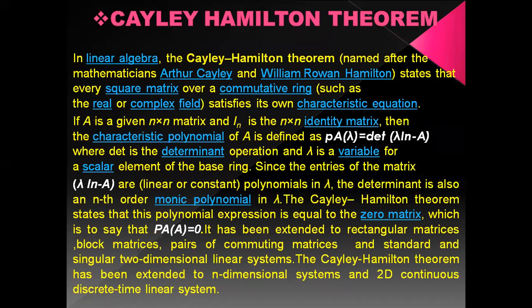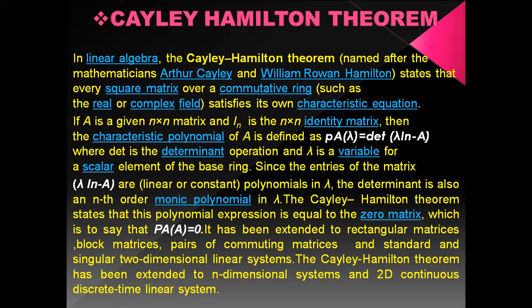The Cayley-Hamilton theorem. So, what is the Cayley-Hamilton theorem? In linear algebra, the Cayley-Hamilton theorem, named after mathematicians Arthur Cayley and William Rowan Hamilton, states that every square matrix over a commutative ring, such as the real or complex field, satisfies its own characteristic equation.